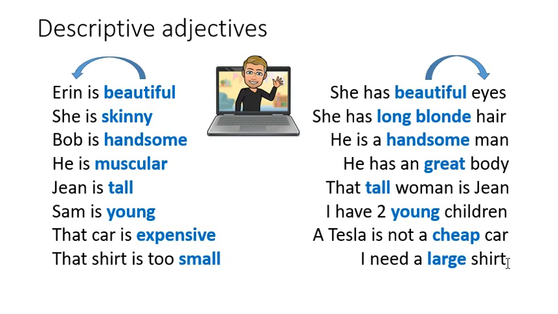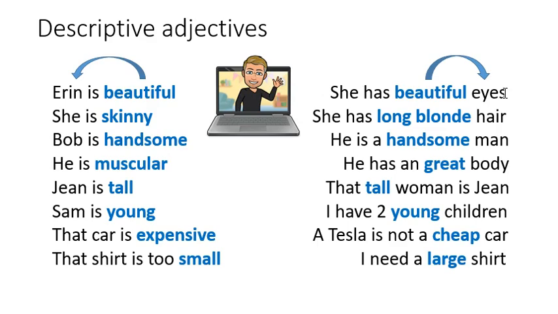Let's go on the other side, next column. She has beautiful eyes. Here, again, we have the adjective beautiful, and this time, beautiful describes the eyes of the person. So, how are the eyes? They are beautiful.